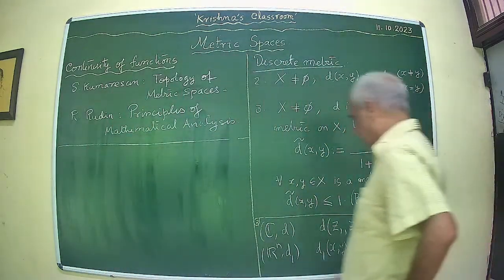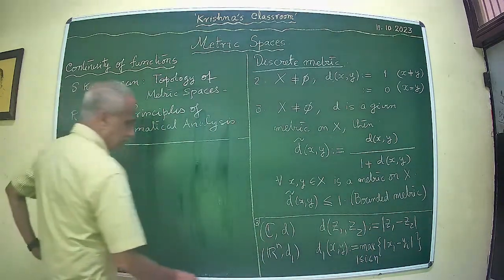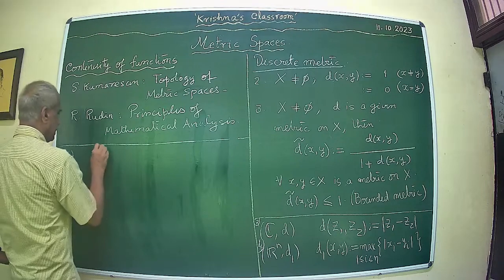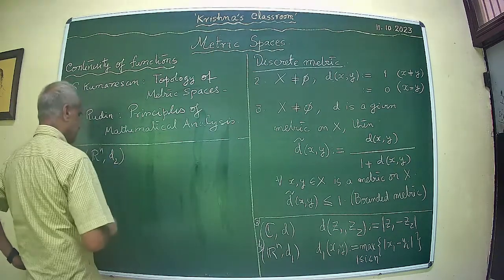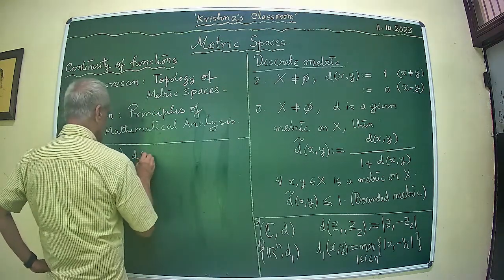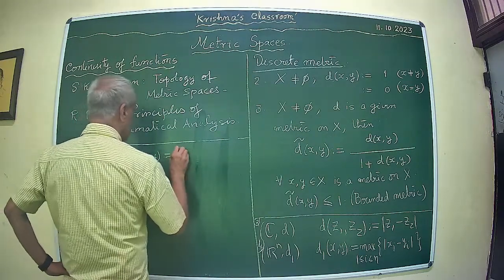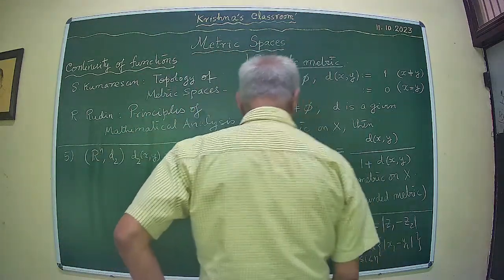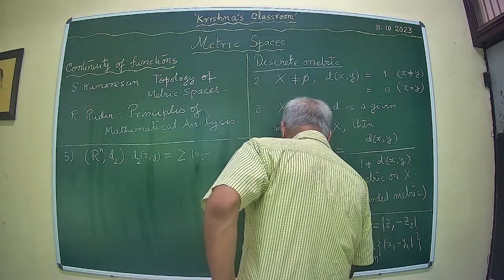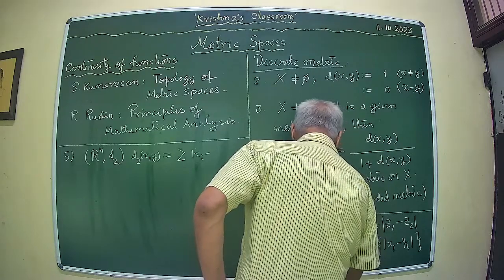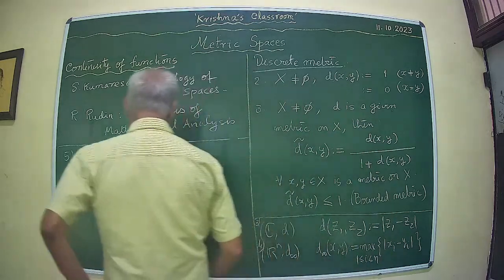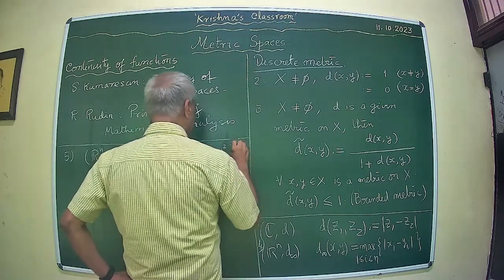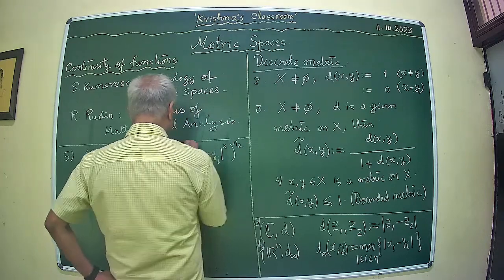Yeah, what I have been trying to do was this. On R^n, now this is the fourth example, so the fifth example, on R^n, d2, this is the usual metric, where d2 is defined as the square root of the sum from i equals 1 to n of (x_i minus y_i) squared.